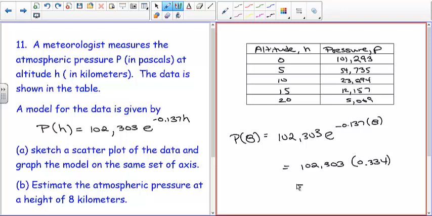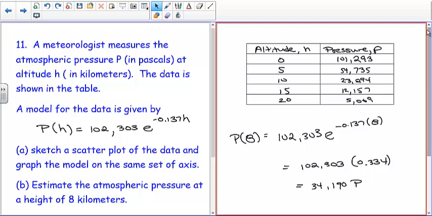So we multiply that by 102,303, and we get 34,190. The units are pascals, which we use Pa, or I guess they're just using P for pascals. Okay, so that's it.